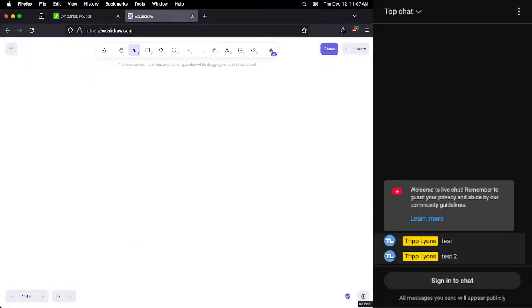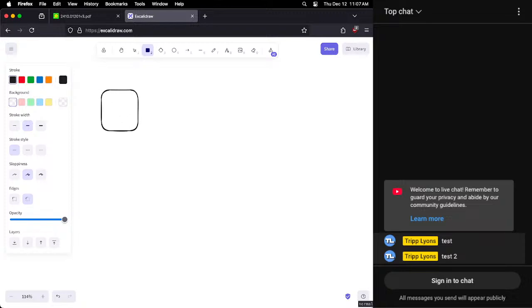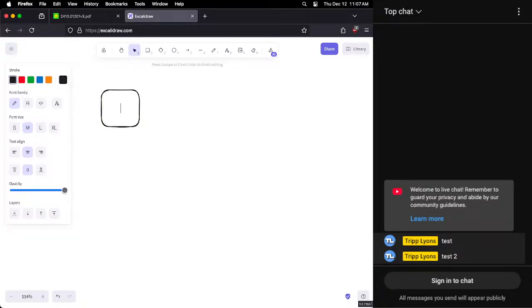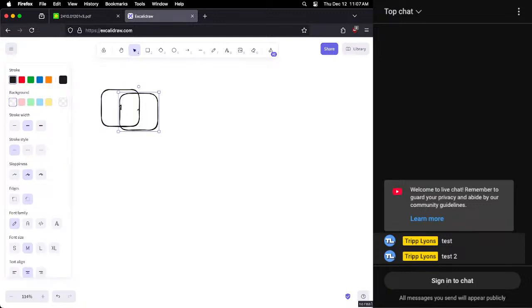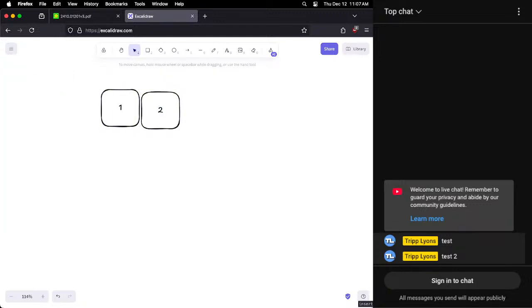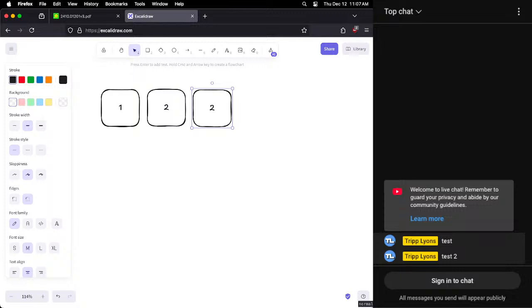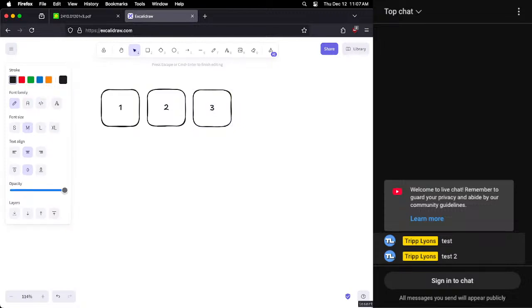So if you have some sequence of tokens, call it 1, 2, 3. Let's say 3 tokens.